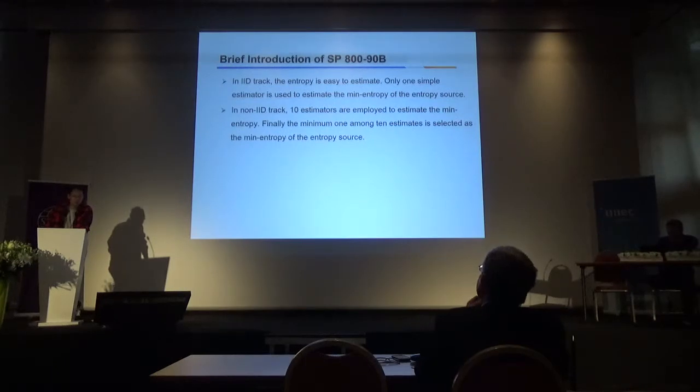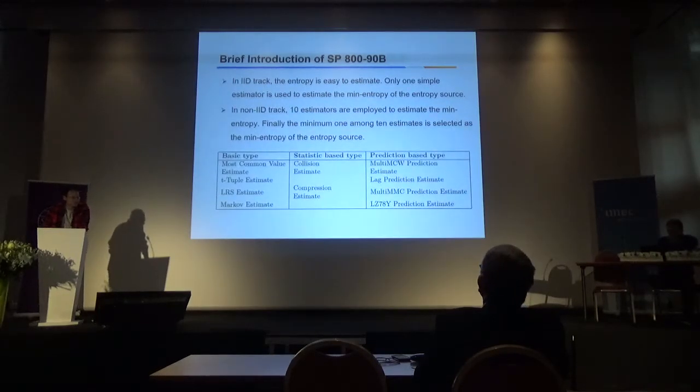Only one simple estimator is used to estimate the min-entropy of the entropy source. But in the non-IID track, 10 estimators are employed to estimate the min-entropy. Finally, the minimum one among the 10 estimates is selected as the min-entropy of the entropy source.